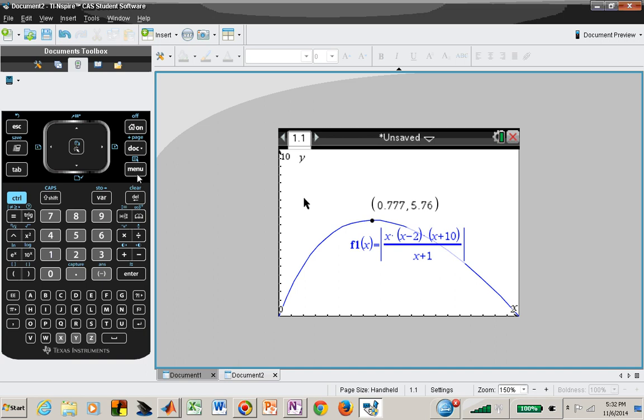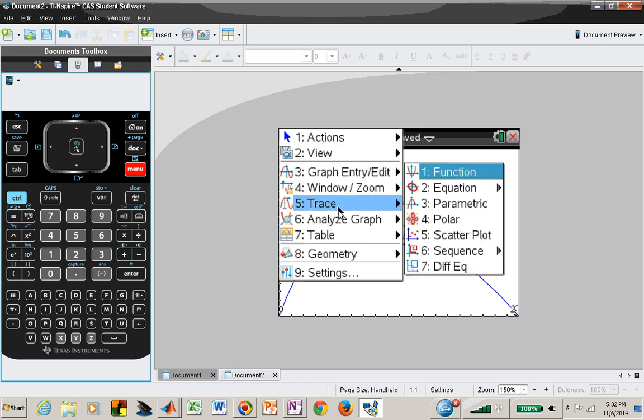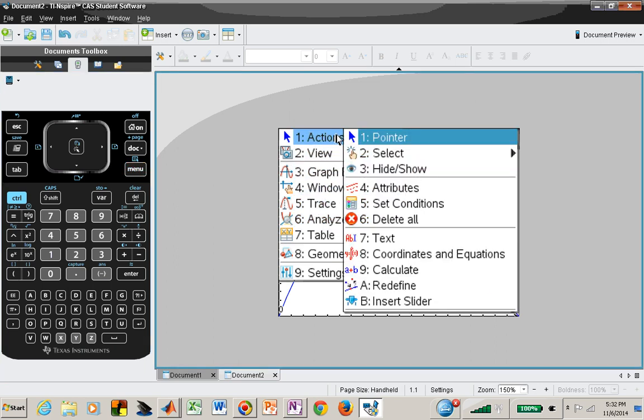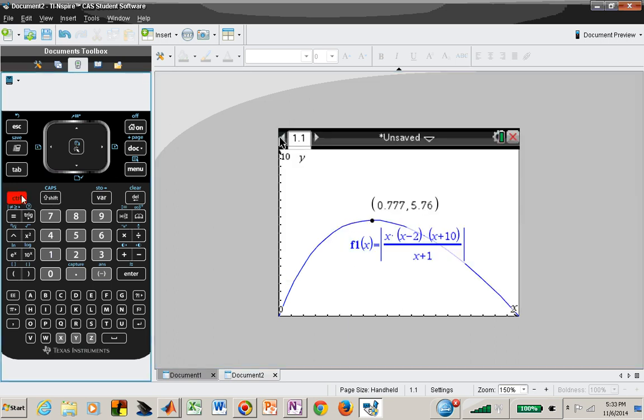Actually, I'm trying to put a new window, and now I think what I want is I want a new page.